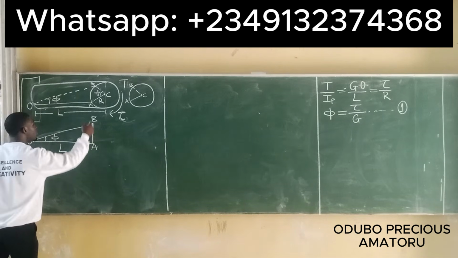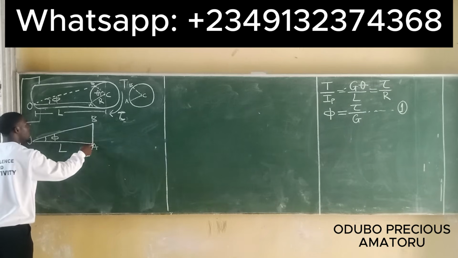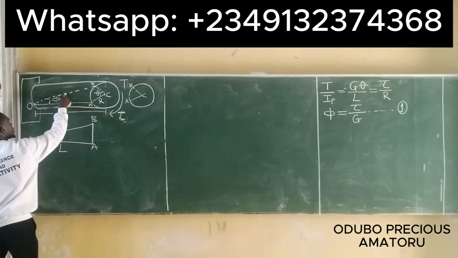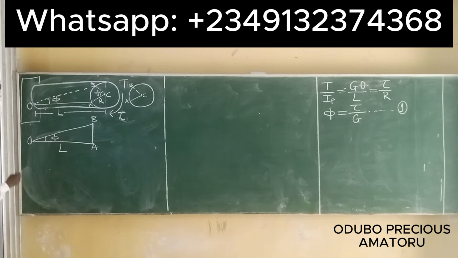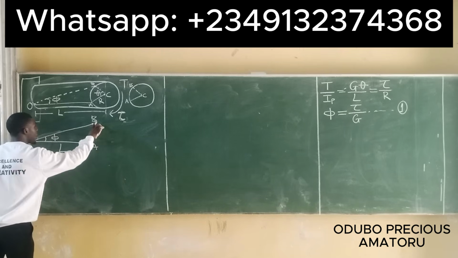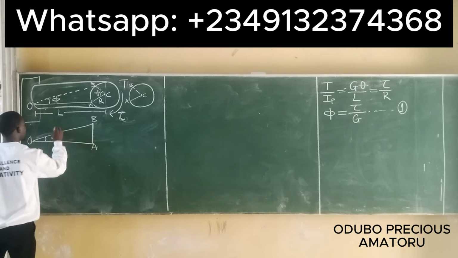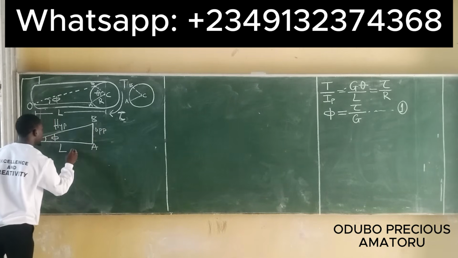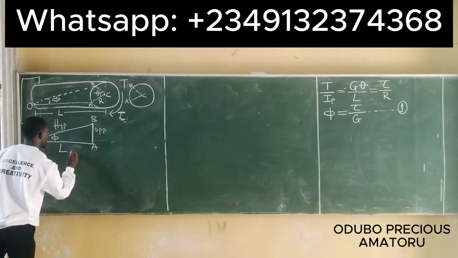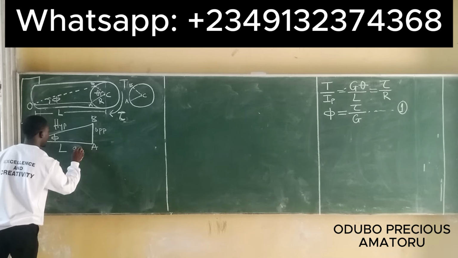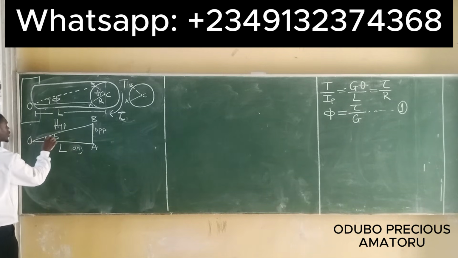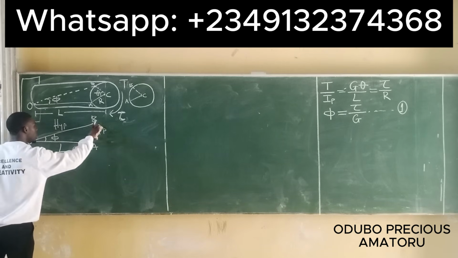We are looking for AB, because the line AB is what connects both this triangle and this. So we know from SOHCAHTOA that this is the hypotenuse, this opposite, this adjacent.